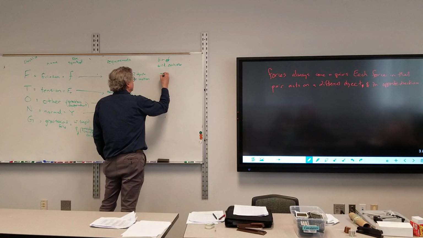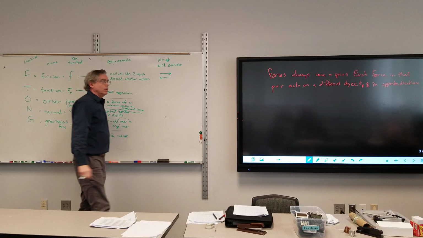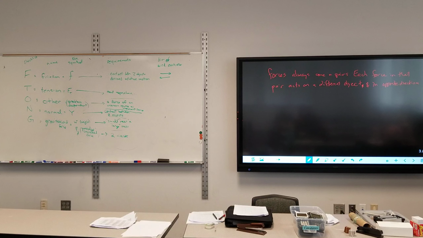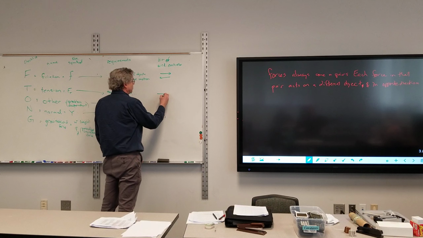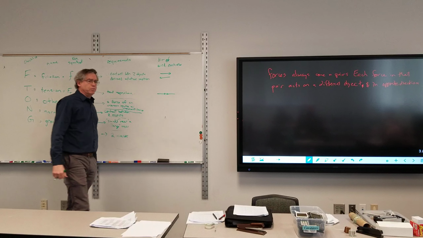Friction will always be side by side pointing in opposite directions. Well, they're always in opposite directions because they're part of the pair. Tension, the pair of forces will point towards each other.